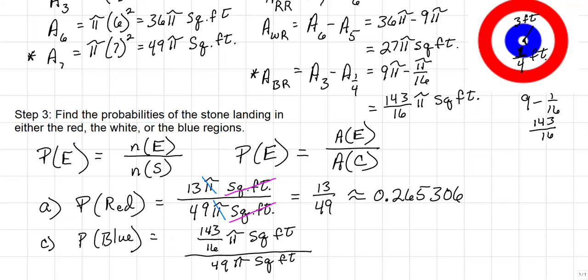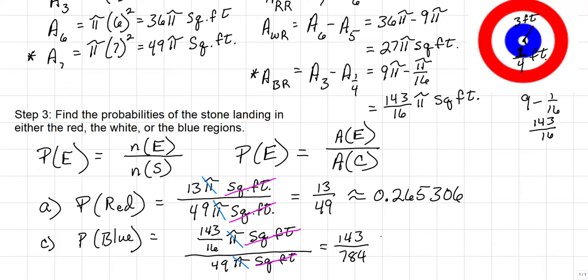Once again, in this case, the square feet will divide out. Likewise, so will the pi. And then we'll be left with 143 over 16 over 49, which is the same thing as saying the fraction of 143 over 16 divided by 49, which is going to give us the following fraction, which is 143 over 784.